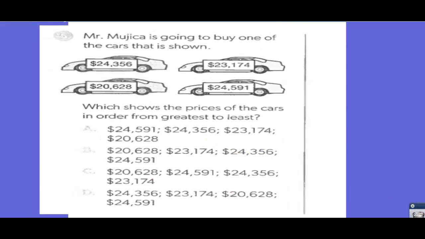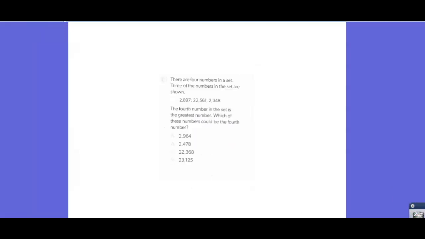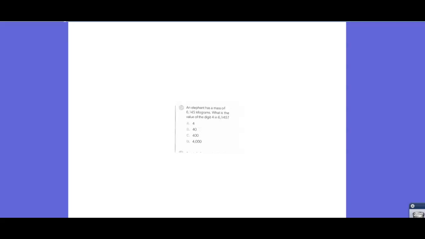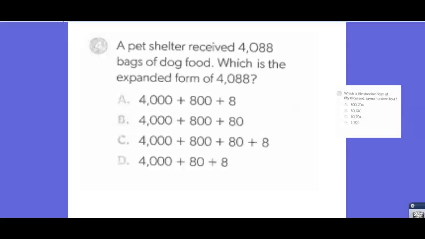And the last one we really focused on really quickly, we talked about expanded form. Really understanding expanded form is where we stretch out the number. We take this number and we break it apart. And then just remember, for the test tomorrow, word form is just how you say it.